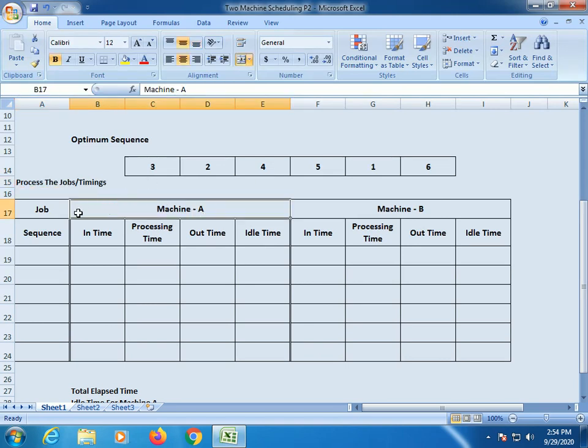So here, in the first column, it is for job sequence. We already found the job sequence, so we take that job sequence here.